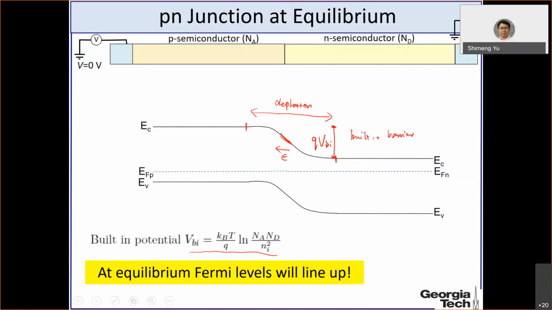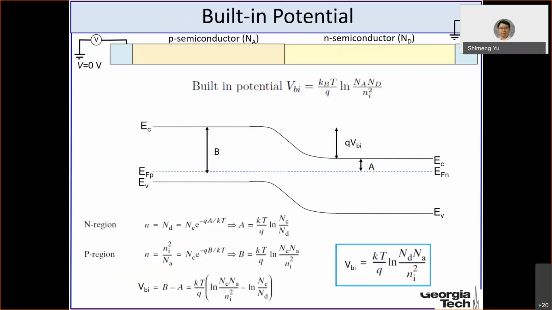So if you use a unit like electron volts, the Q will give you electron, and the V is the voltage, so it will give you electron volts. Okay, so let's look at how to get this VBI.